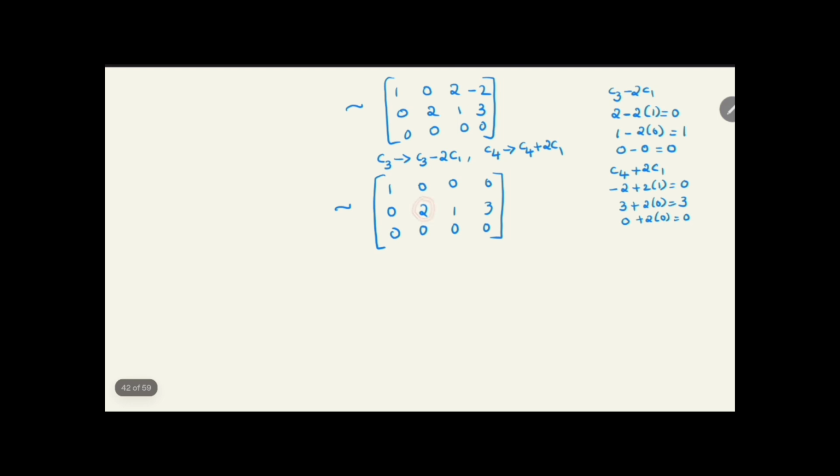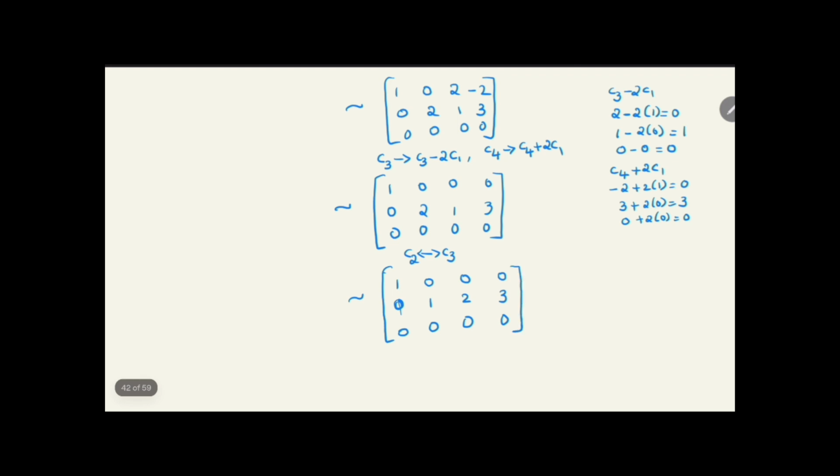It is 2 here, but I should make that second diagonal element 1. So I will swap C2 and C3 so that this element becomes 1. Clear, students? So swap C2 and C3. What you'll get here: the first column remains the same, the second column is now 0 1 0, the third column is 0 2 0, and the fourth column is 0 3 0.